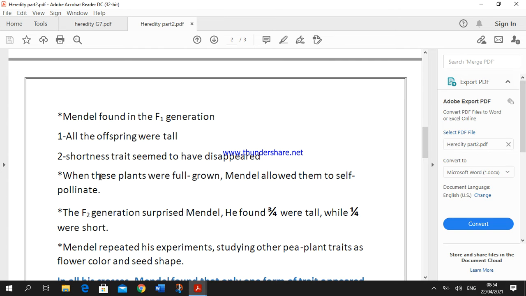And the shortness trait seemed to have disappeared in the first generation, okay? But when these plants were full grown and Mendel allowed them to self-pollinate, what happened? Okay, what did Mendel observe? The second generation surprised Mendel. He found 3/4 were tall, and only 1/4 were short. Okay.